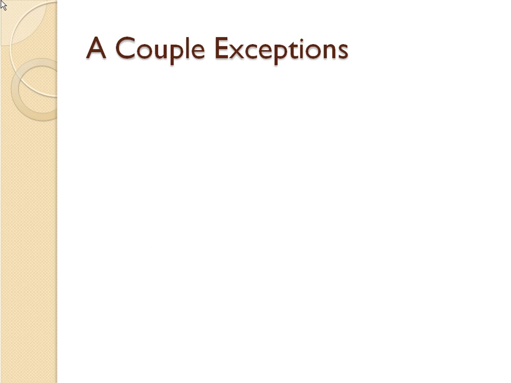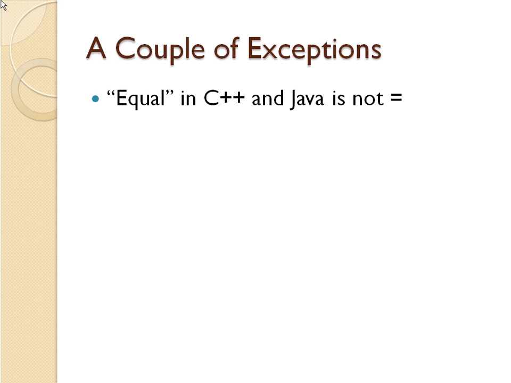Let's go on. We do have some exceptions that you need to be aware of. I mentioned one earlier that in some languages they might spell out the word equal instead of using the equal sign. Same with greater than and less than. We have a couple that you need to be aware of for your next course. Equal in C++ and Java is not the equal sign as it will be in Visual Basic.